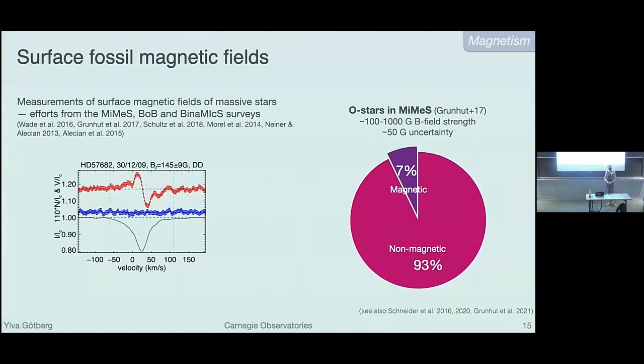Yeah. Hi, Ylva, it's Dominic. Thanks for the great talk, excellent as always. Just to pick up on this a little bit, it's a pretty robust result, but most of these stars have been modeled with a predominantly dipolar geometry for the magnetic field.